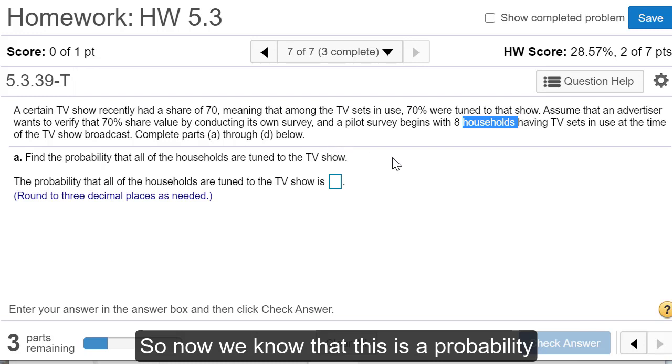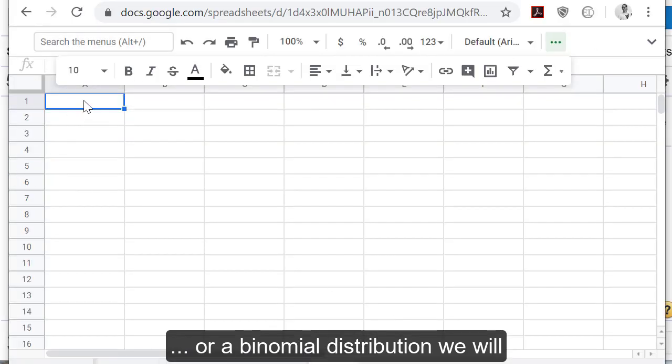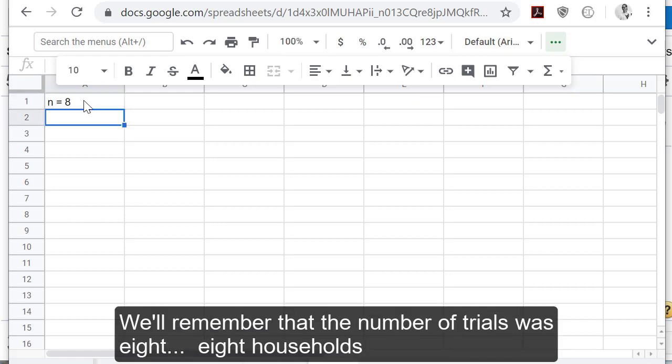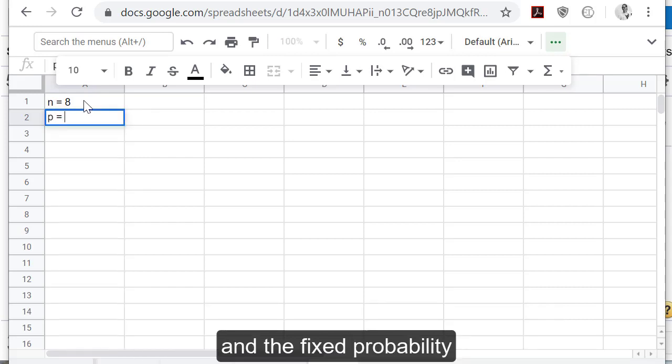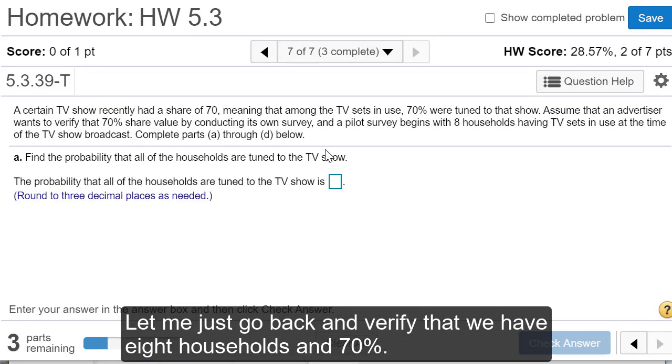So now that we know that this is a binomial distribution, we will construct a binomial distribution table. We'll remember that the number of trials was 8, there were 8 households, and the fixed probability was 70%.